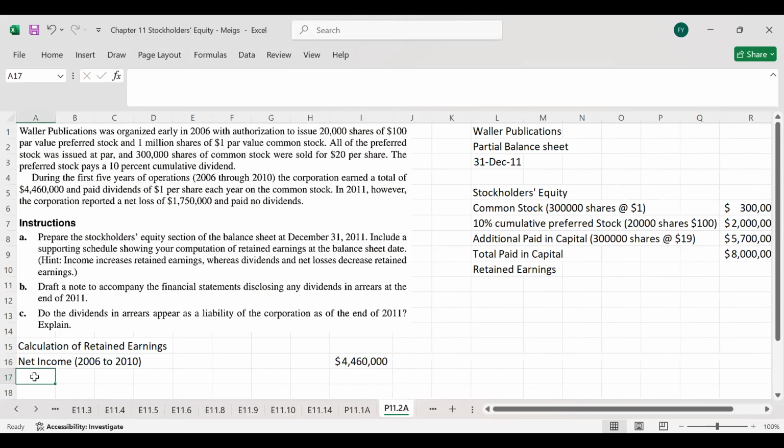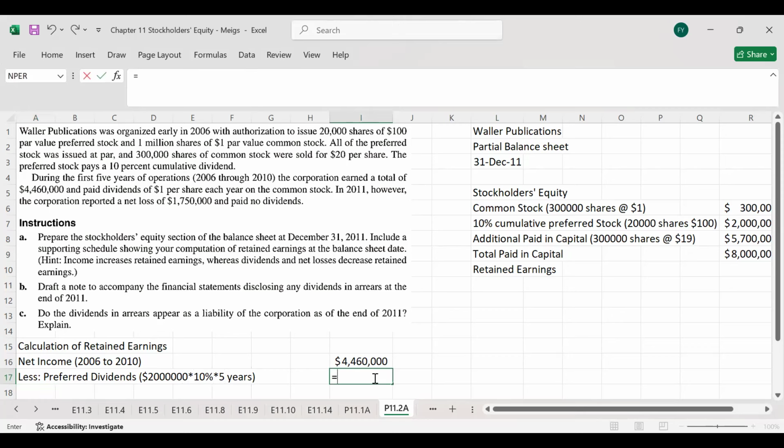Then we will deduct, first of all, the preferred dividends, which is 10%. The total preferred stock is $2 million. So 2 million multiplied by how much dividend? It is 10%, and it is for 5 years. So multiply by 5 years.